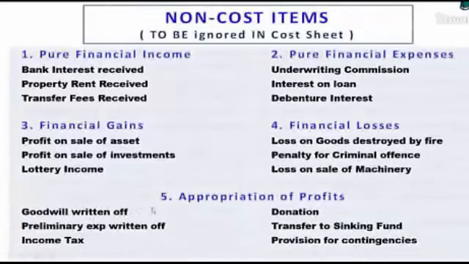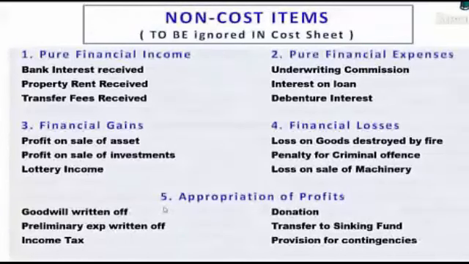If you look at the fifth one, appropriation of profit: goodwill written off, preliminary expenses written off, income tax, donation, transfer to sinking fund, provision for contingencies. All these expenses and incomes have their own logic, which does not fit in the definition of a cost. And these are called non-cost items.